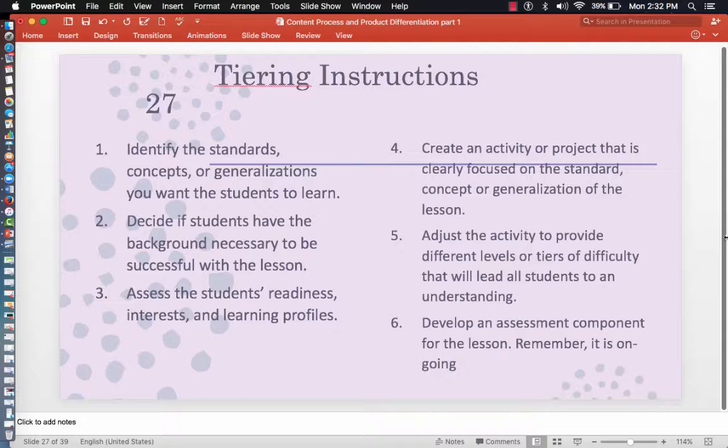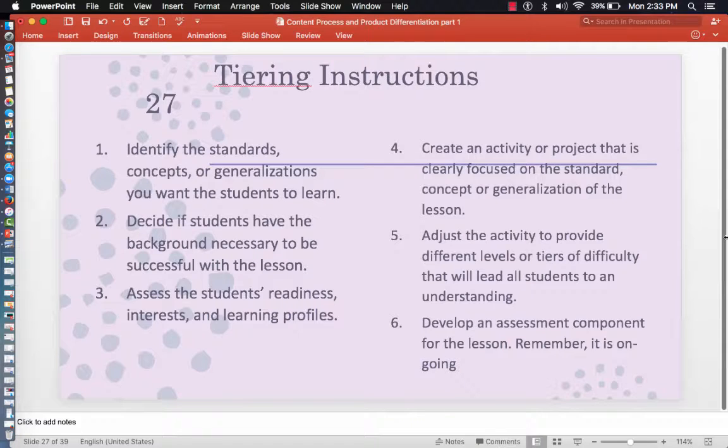Now, you need to decide which students have the background necessary to be successful with each tier of that lesson. And once you've assessed their readiness, have them do a learning profile. It's always a fun thing to do in class, and students really enjoy knowing how they learn best, because it's good information for them.